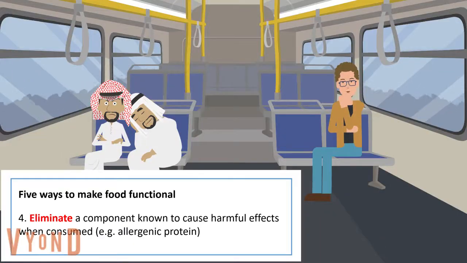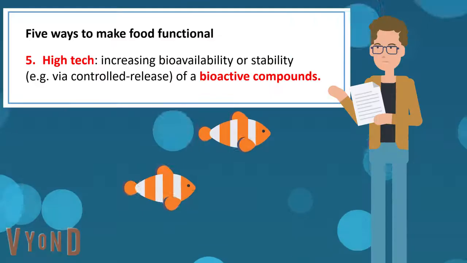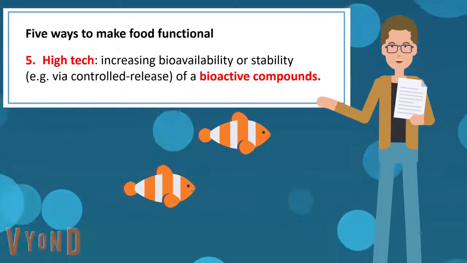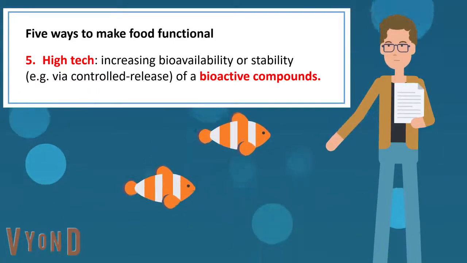Method number 4 has not much to do with bioactive compounds. It is about eliminating a component known to cause harmful effects when consumed. A good example is allergenic proteins. And finally, method number 5 is by using higher technology.